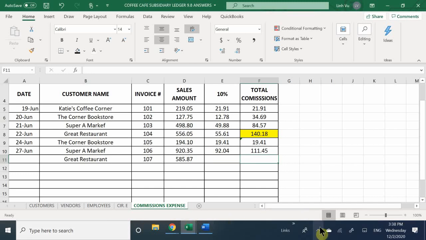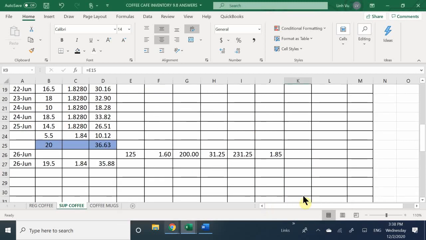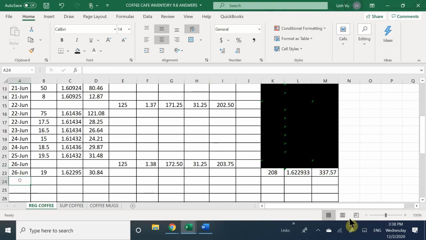And now we have to go to inventory. Okay, regular coffee on 6/27, and that was 75 pounds.